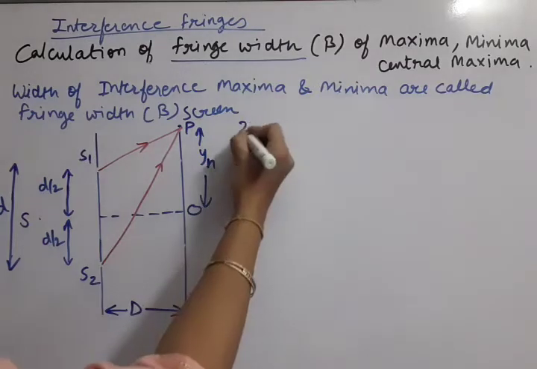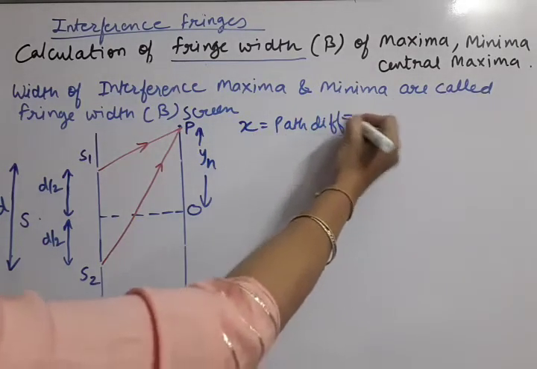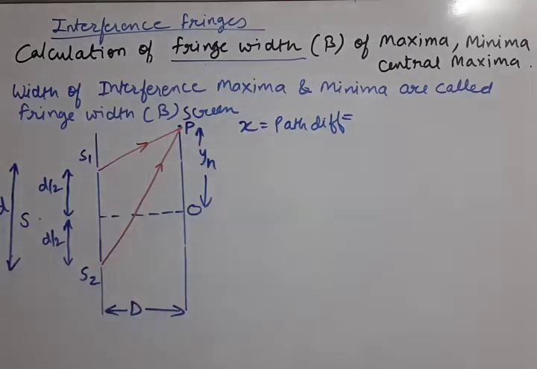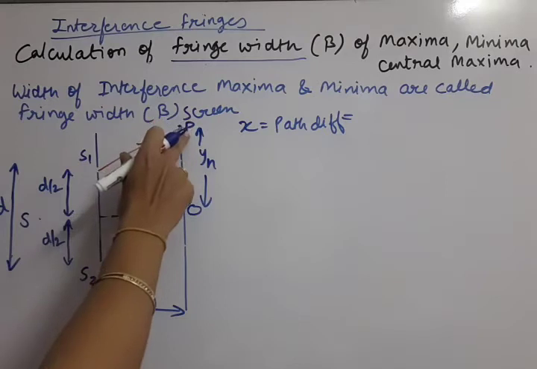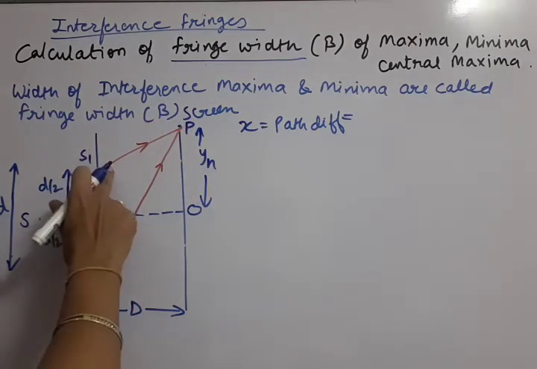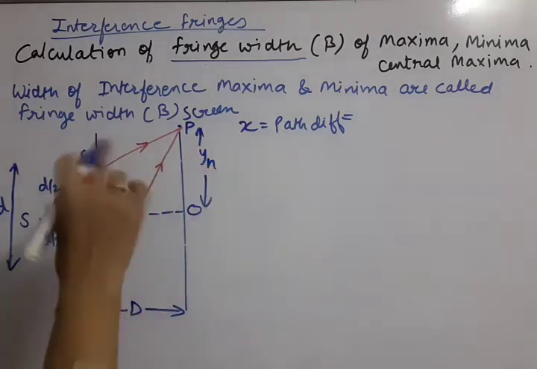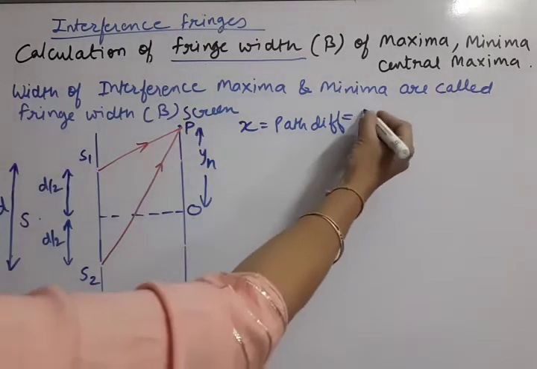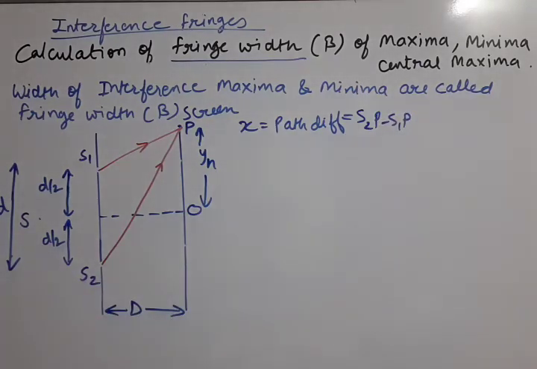We denote the path difference by x. The wave starting from S1 covers the smaller distance, and the wave starting from S2 covers the larger distance. So the path difference between the two waves is S2P minus S1P. This is what we are going to calculate first.